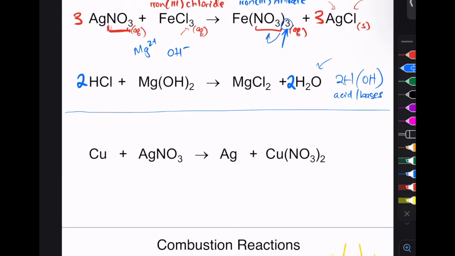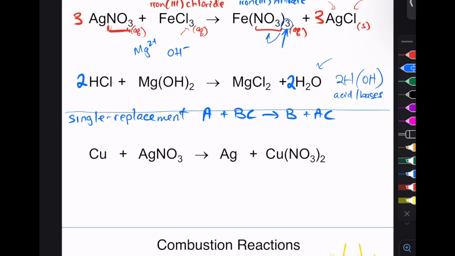All right, let's take a look at a different type. This is a single replacement reaction. This takes on the general form of A plus BC goes to, in this case, I've got this written as B plus AC.